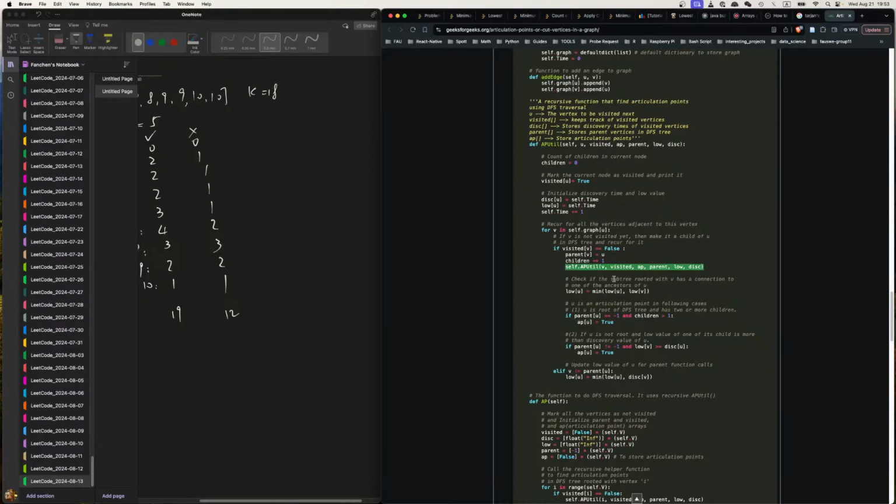Otherwise, we check if the subtree rooted with V has a connection to one of the ancestors of U. So we already visited this, right? We visited this, and this is U's discovery time, and this is the low of V's discovery time.